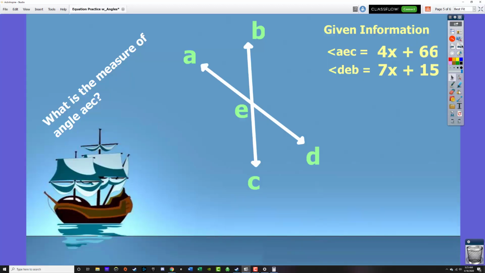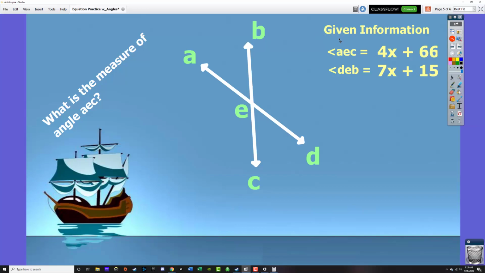All right. Let's get to the main course here. We are going to solve for the measurement of an angle, and we are going to deal with angle measurements that are given to us with variables, instead of exact specified degrees.